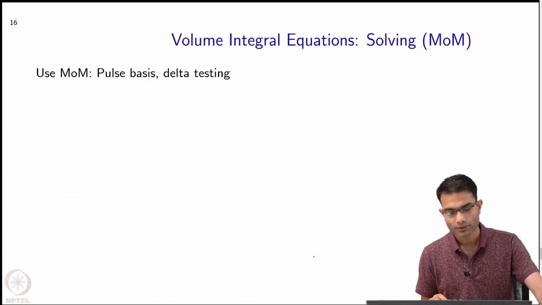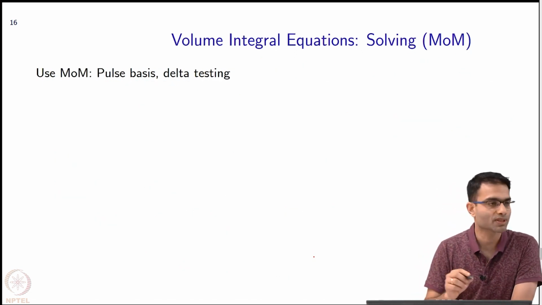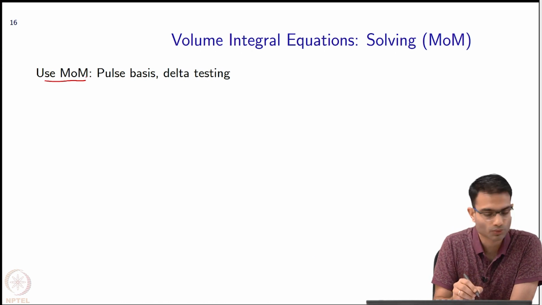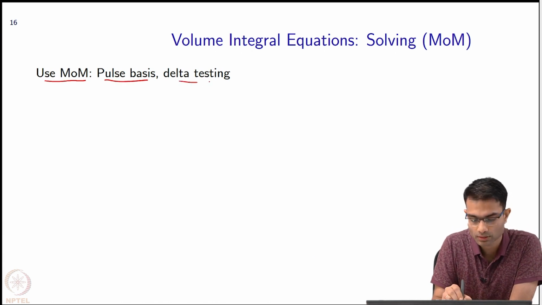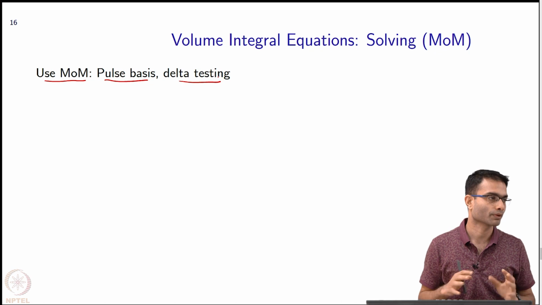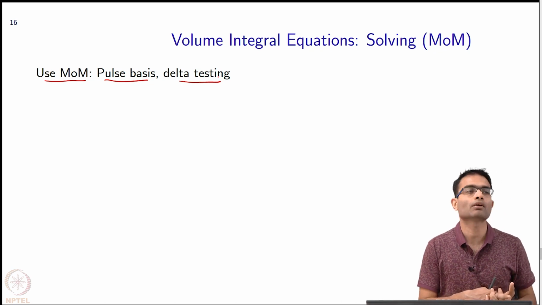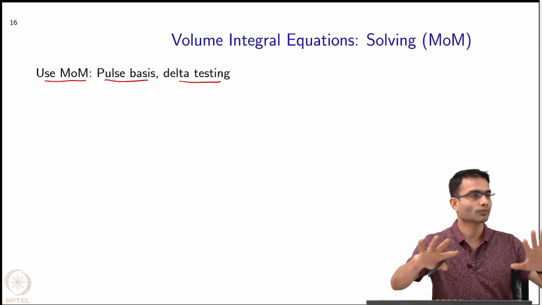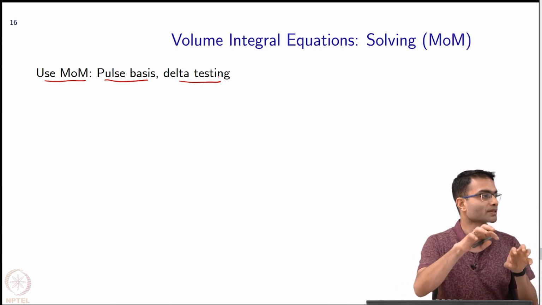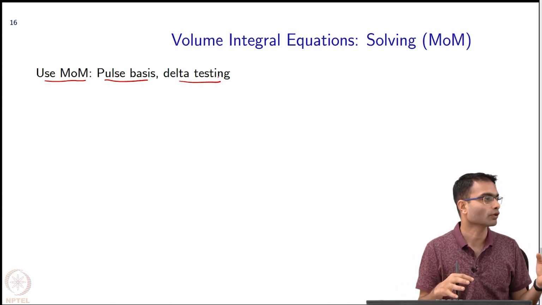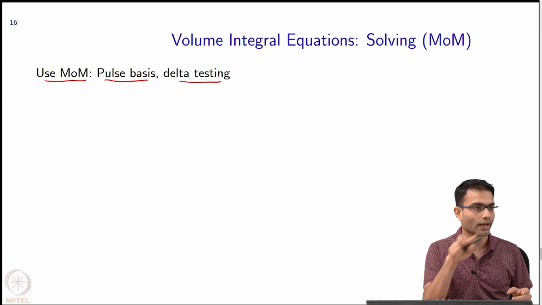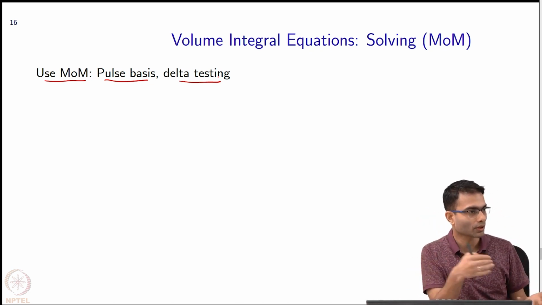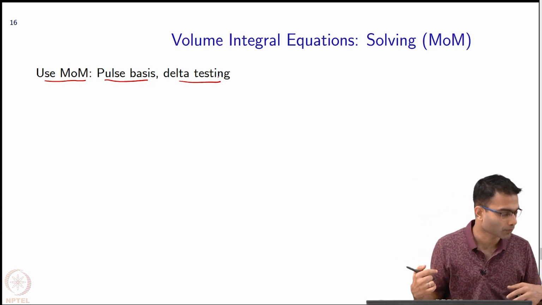We will use the simplest method of moments that we know so far, which is pulse basis delta testing. That is what we are going to do. Except that now I have a 2-dimensional volume in which I have to find pulse basis functions. In the surface integral formulation, I had a line and I had pulse functions on that line. So, now we are becoming a little bit more general.